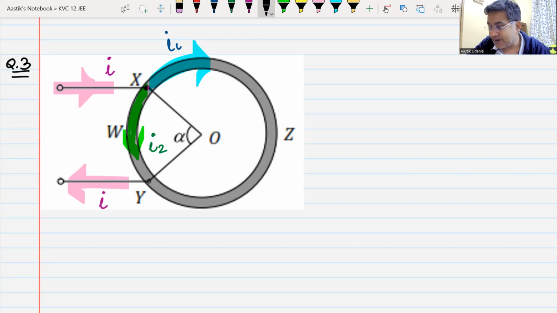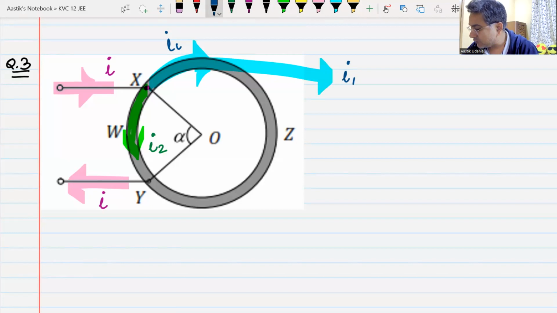Okay. We have to find out the value of I1 and I2. I1 is the current in the blue branch and I2 is the current in the green branch. You have 2 minutes to do this. So how am I supposed to do this? Remember, in parallel branches, current is distributed in inverse ratio of resistance. So how much will be I1?